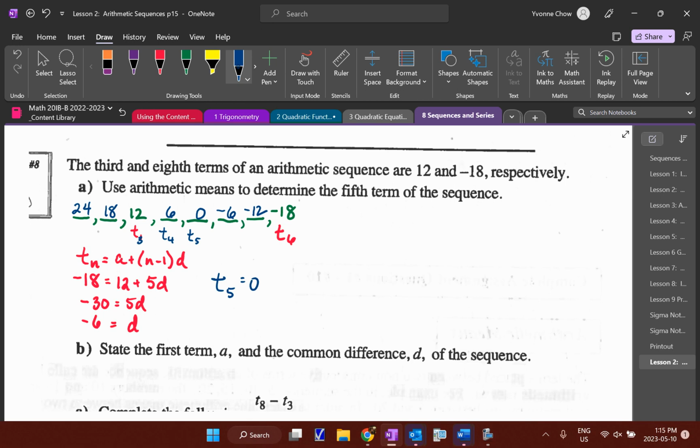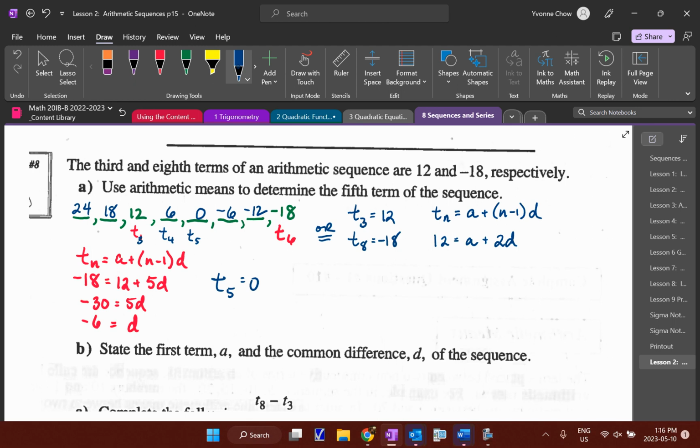Okay, so the other way to go through this is to use a system of equations where we know term 3 is equal to 12 and term 8 is equal to negative 18. Once again, using that Tn is equal to a plus n minus 1 times d. For the first one, we can say 12 is equal to, we don't know a, n in that case is 3, so 3 minus 1 is 2, and we don't know d, so there's our first equation.